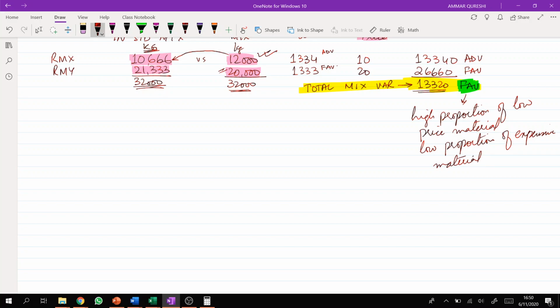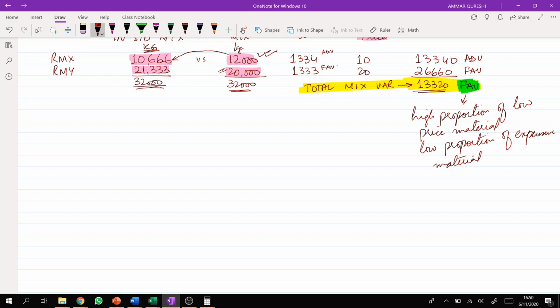So favorable means that we saved money by using less expensive material in a higher proportion, and usually it compromises the quality of the product.